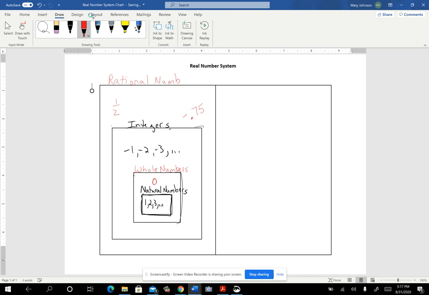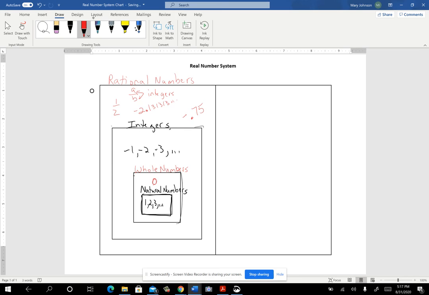So rational numbers are going to be numbers that can be put in the form a over b, where the a and the b are both integers. They don't have to be that way to start with, but that's kind of the definition for rational. So like -0.75 is the same as -3/4. Other numbers that would be in there would be numbers like -2.131313.